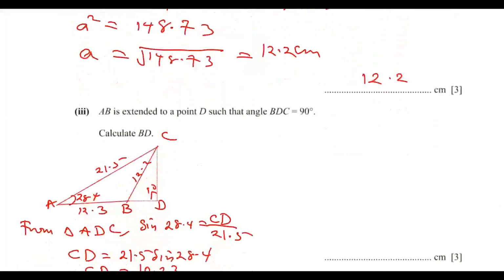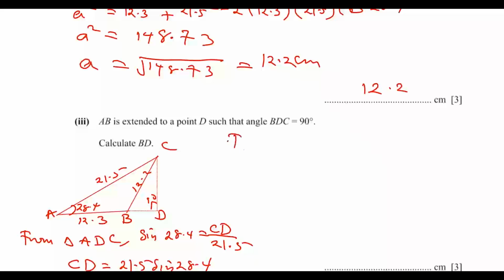So from triangle BDC, we have 12.2 squared, that's the hypotenuse, equals 10.23 squared plus BD squared.